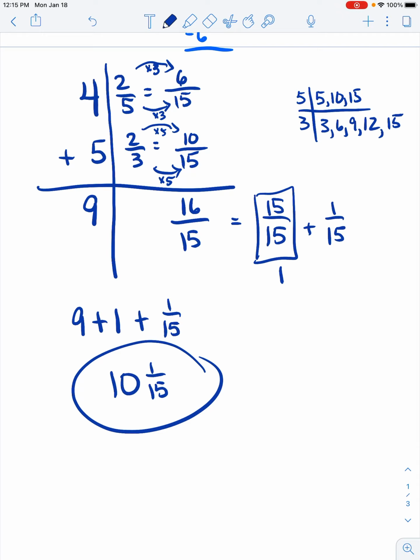You may see another method, which is to change both mixed numbers into improper fractions, and then you can add them as fractions. I prefer not to do that because you end up with some pretty big numerators sometimes, and I like to work with smaller numbers. So this is the way that I add my mixed numbers.